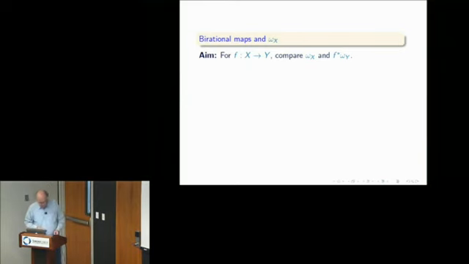Okay, and so now to understand our singularities, our plan is that we look at birational maps. So, for a start, I have X and Y smooth, and I have a morphism between them. That's an isomorphism over some dense open set, but might have some positive dimensional fibers. And then the key is to compare the dualizing sheaf on the source and the pullback of the dualizing sheaf on the target.